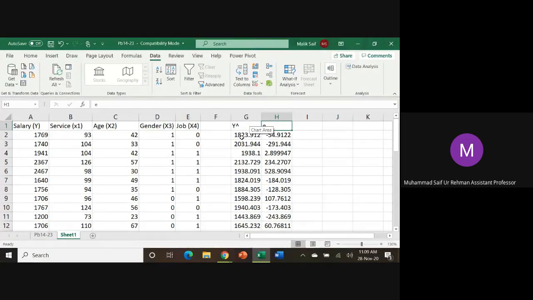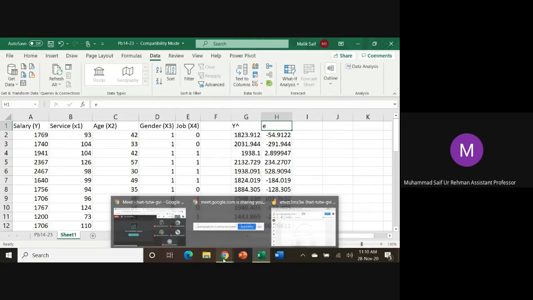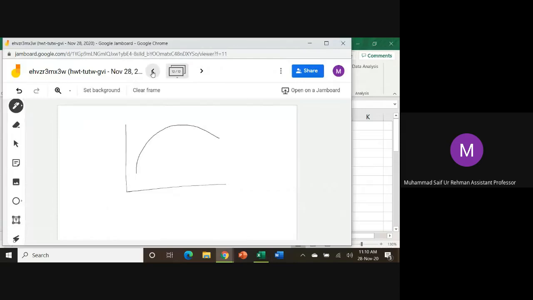So the linearity must hold if you are interested in having the true estimators. Okay, so for linearity, how we will see, I have explained that you can use this figure.